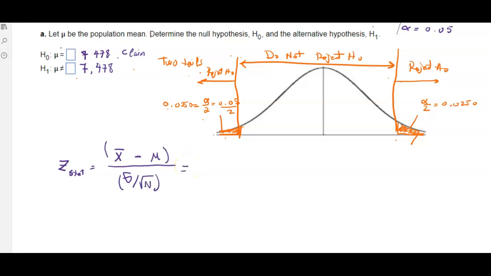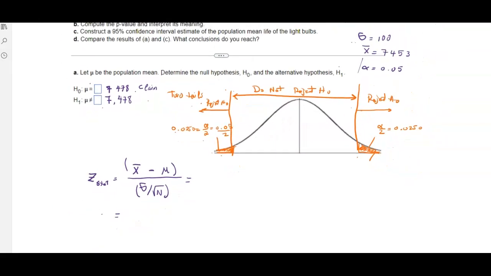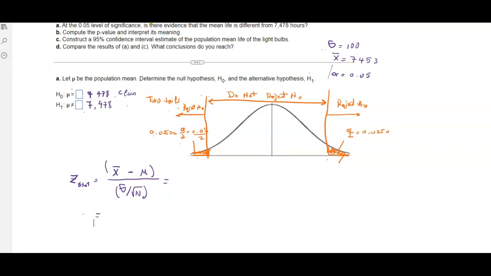If you plug in all the values, the X bar we have is 7,453, minus the mean, which is 7,478, divided by sigma, which is 100, divided by radical 64.